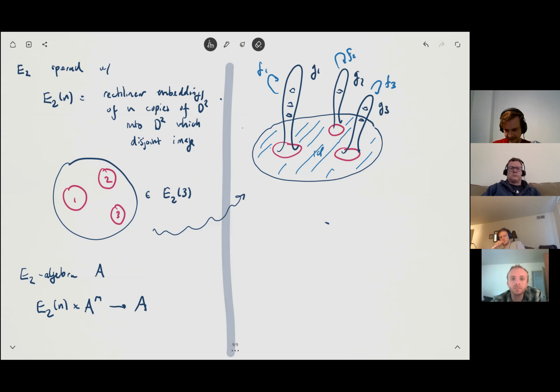So that's not really a precise description, but that's roughly the idea of why the E2 algebra structure might come from.